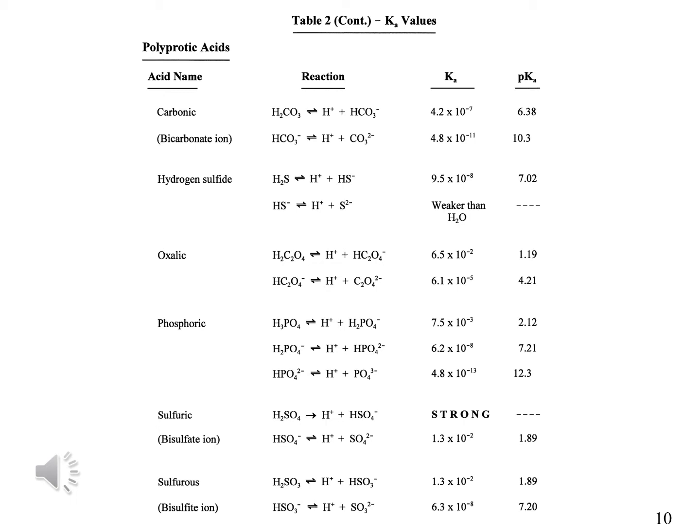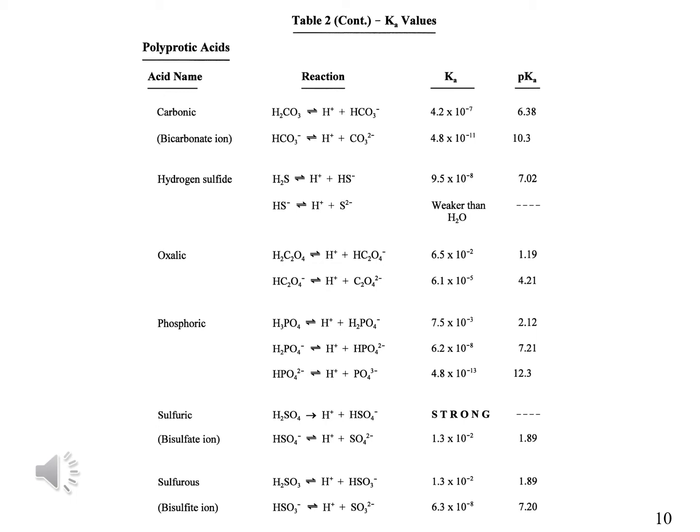That's the Kw for water, and you can't measure the Ka very well for an acid that's weaker than water because it doesn't give you enough H pluses. If you look at the second step for hydrogen sulfide, HS minus is actually weaker than water. So nobody really knows the value because it's very small.